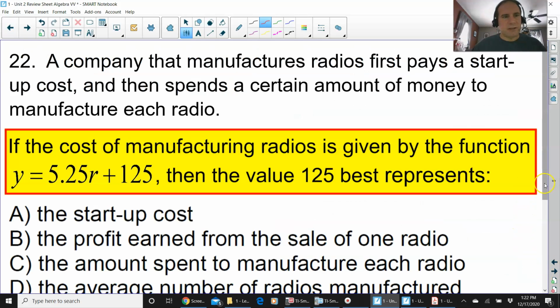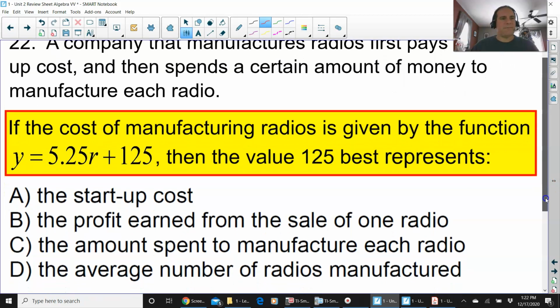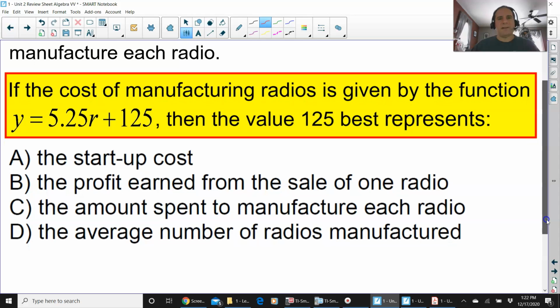All right, number 22. A company that manufactures radios first pays a startup cost and then spends a certain amount of money to manufacture each radio. If the cost of manufacturing radios is given by the function y equals 5.25r plus 125, then the value of 125 best represents the b. It doesn't say the b. All right, the b is the y-intercept. Y-intercept is the initial value, the startup cost.